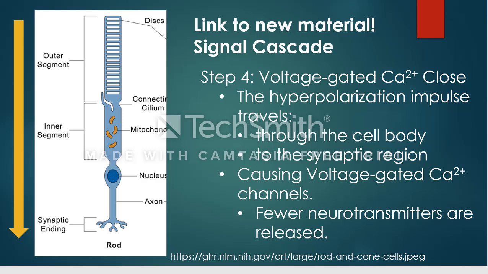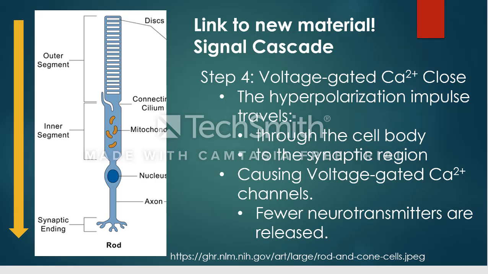When that hyperpolarization wave reaches the synaptic ends, there's a bunch of voltage-gated calcium ion channels located in these synaptic endings, and they respond to this change of voltage by closing. And so when the voltage-gated calcium ion channels close, synaptic vesicles cannot go through exocytosis and release neurotransmitters.